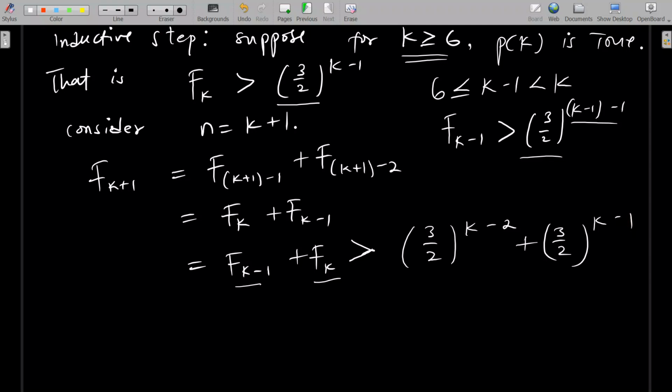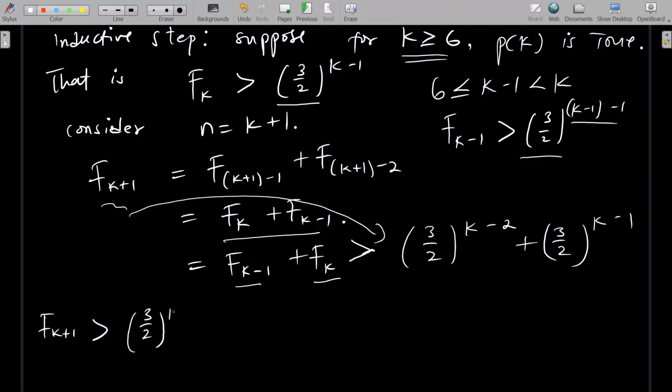That's what I have. Now, it means that f sub k plus 1 is greater than what? Because it is equal to this, and this guy is greater than that. It means that this here is also greater than the whole of that, right? So this guy is greater than 3 over 2 to the k minus 2 plus 3 over 2 to the k minus 1.